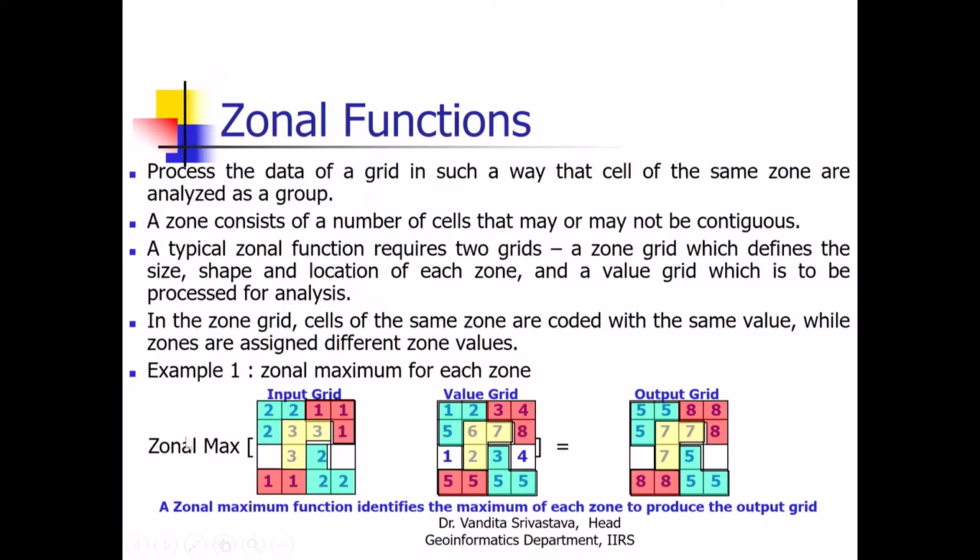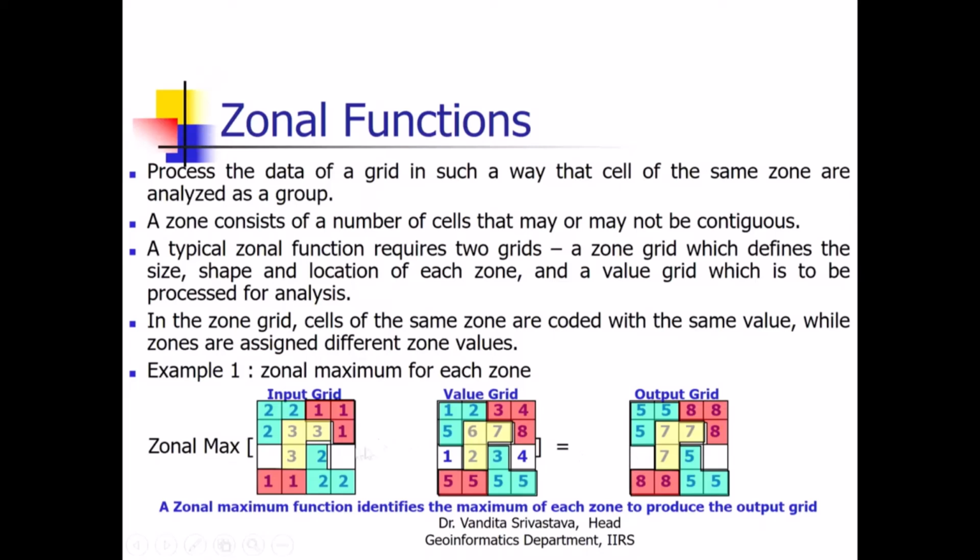So if you want to perform a zonal maximum, you will consider each zone and try to find out what is the maximum value inside this zone. That value you will assign to the output for that particular zone. So for example, let us take zone 3 as an example. This is the definition of zone. This is zone 3. The maximum value here is 7.